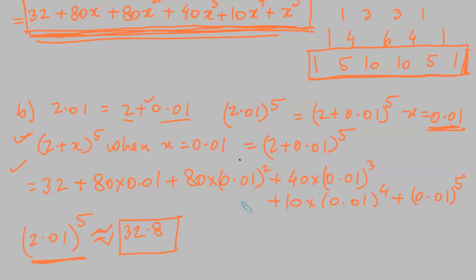So this was just for practice. If you are asked to get the value of 2.01 to the power of 5, definitely you will not be going for the binomial expansion, but this was just to make you familiar with this technique.